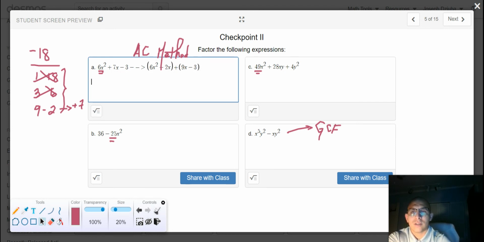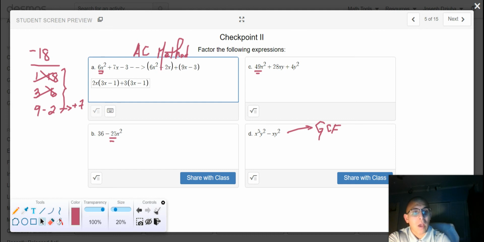Because what this allows me to do now, I can factor out a 2x, arrive with 3x minus 1. And then on the flip side, I can factor out a 3. So I have plus 3. And then I'll be left with a 3x minus 1.